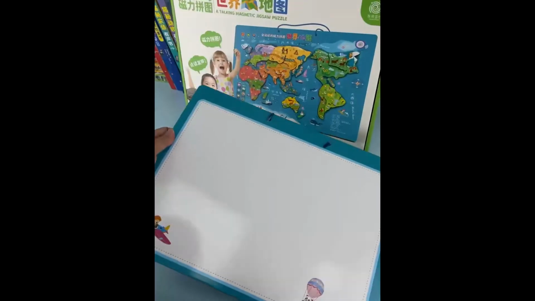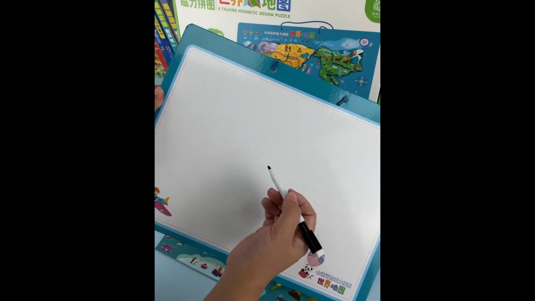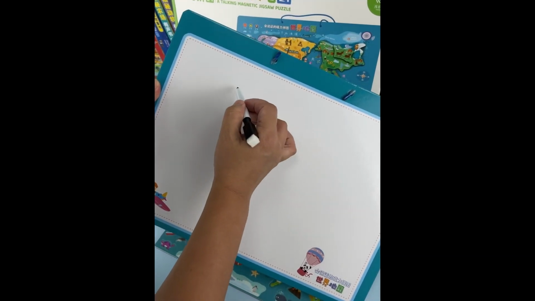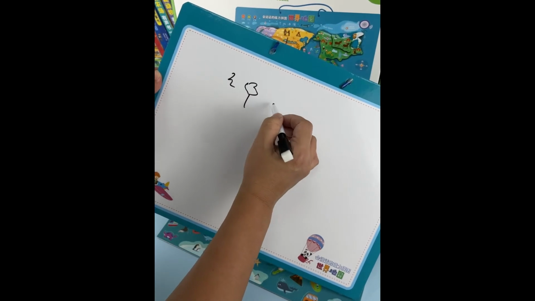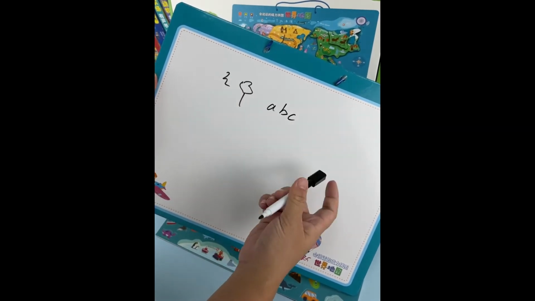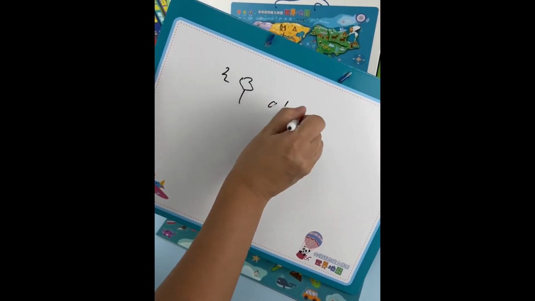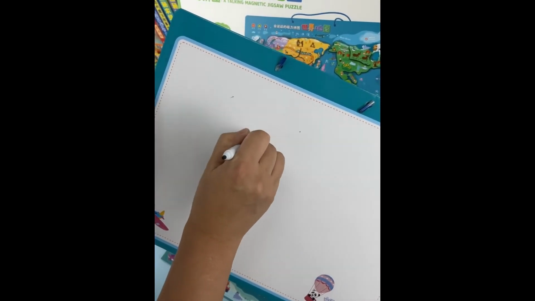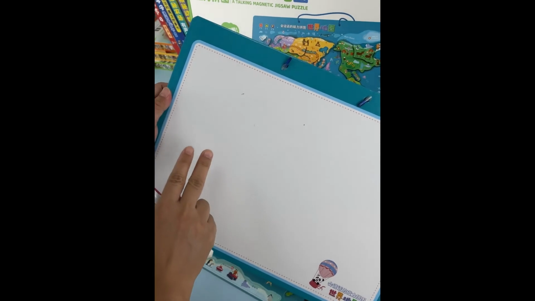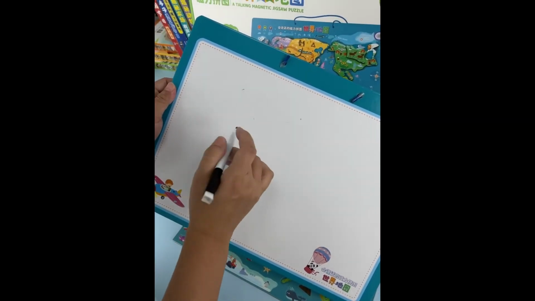For example, your kid can do the painting and draw pictures. They can draw a flower here, or you can write ABC here, and it's also very easy to erase. That means you can use it as a blackboard at home for your kid to draw and write something to learn.